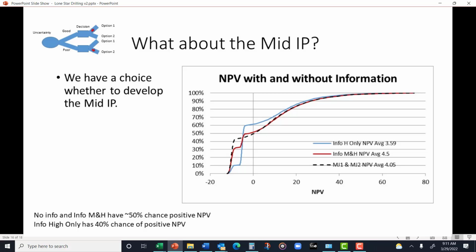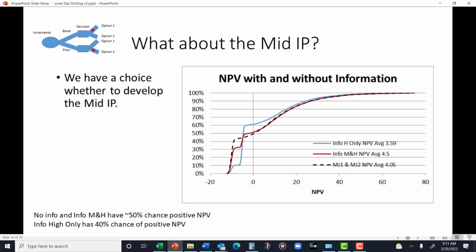And if we do the H only, we get this blue line. So there's a lot of times that we're developing M1 but not M2, and then we have this positive outcome. It has an expected value of 3.59 versus the 4.5 and the 4.05.